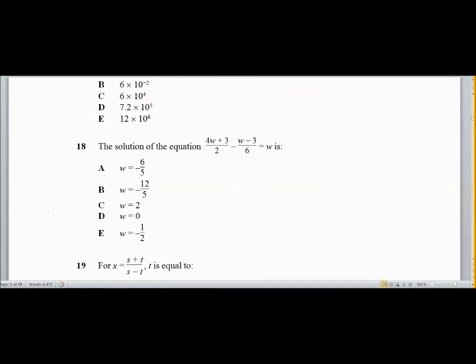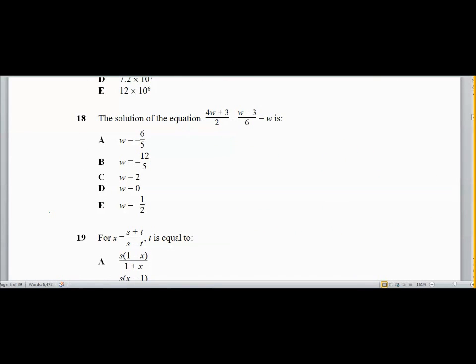Question 18. Solution to this equation is, well, the algebraic fractions, we've got to have like denominators here. So this 2 needs to become a 6.